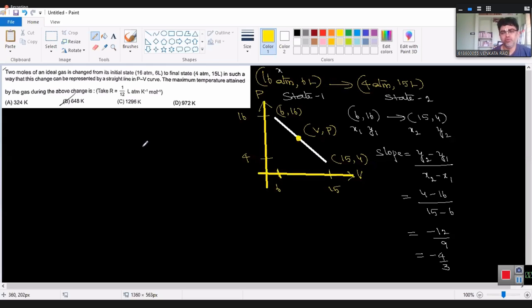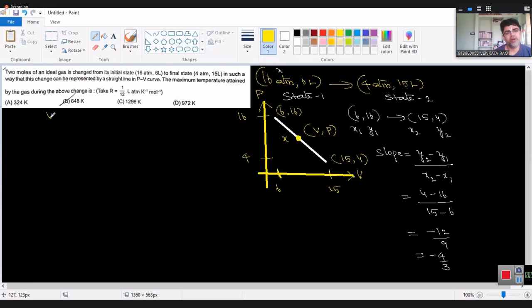What I am trying to do is, I assumed that the maximum temperature is attained at a point x with coordinates V comma P. And the point x lies on a straight line whose slope is given by minus 4 by 3.